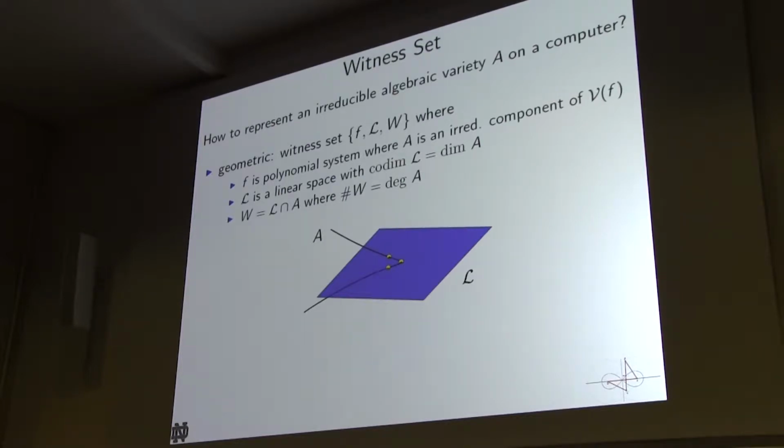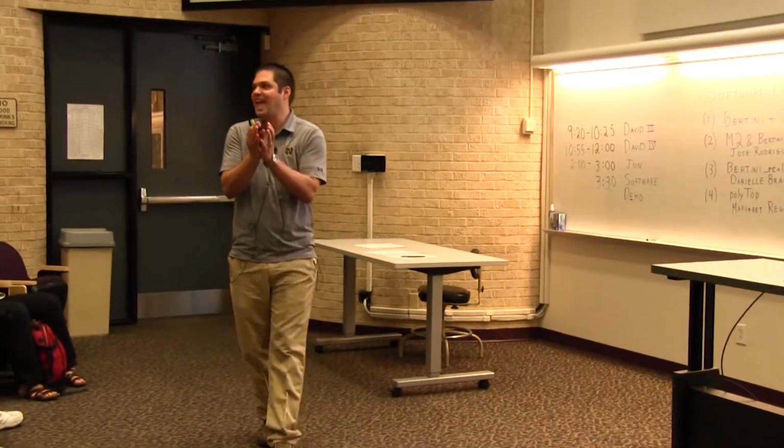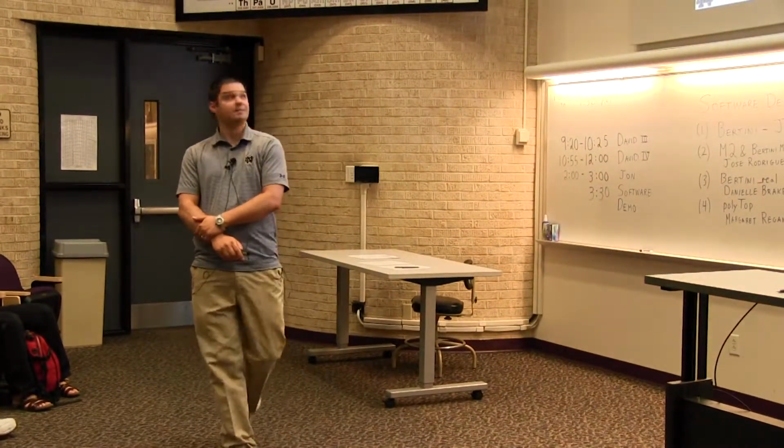Geometrically, we represent an irreducible variety by a witness set. And a witness set contains 3 things. First thing I need is some finite set of polynomials such that A is an irreducible component. It need not be the only irreducible component, it just needs to be an irreducible component.